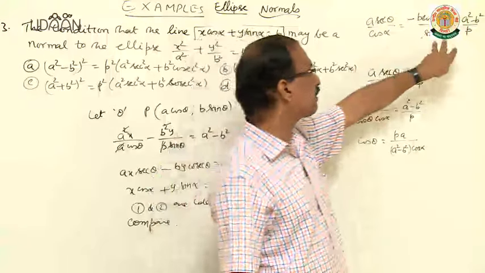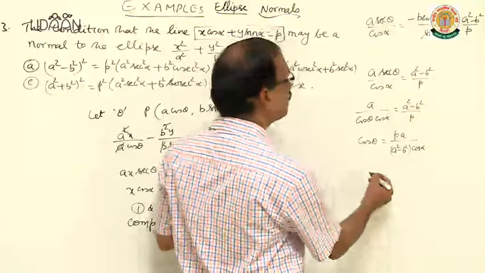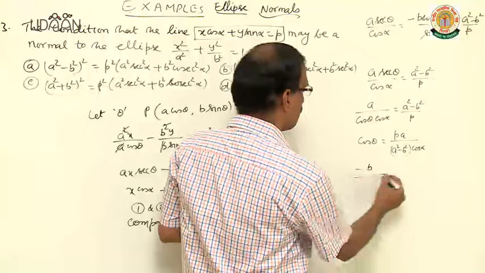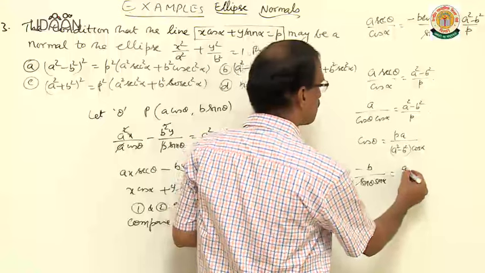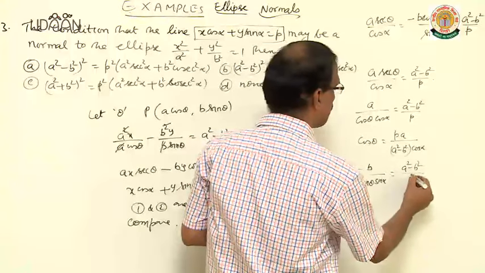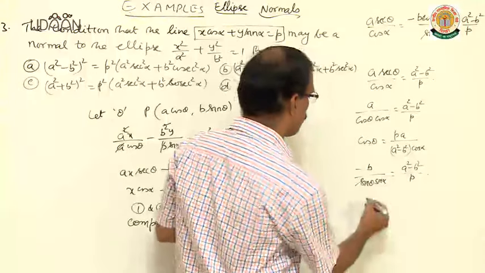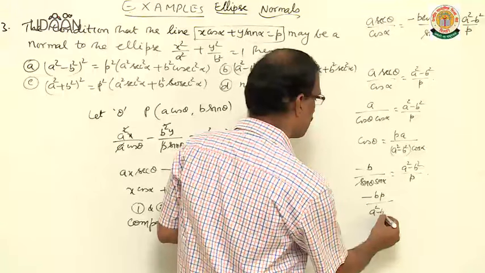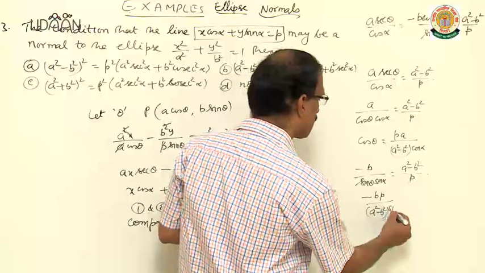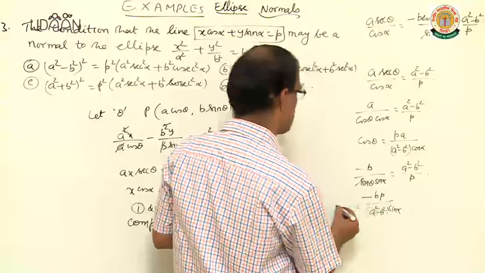In a similar way, minus b by sin theta sin alpha equals a square minus b square by p, or we get minus bp by a square minus b square into sin alpha is sin theta.